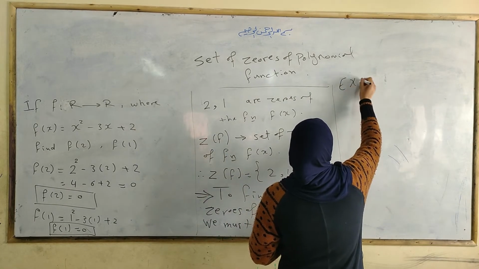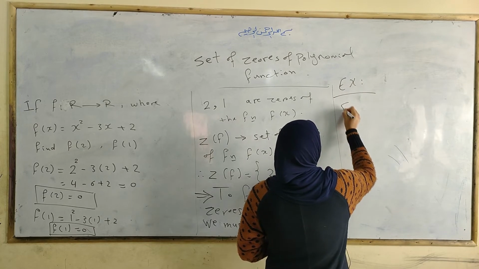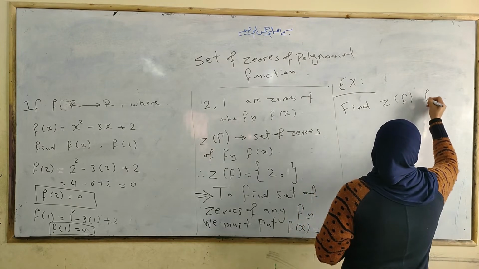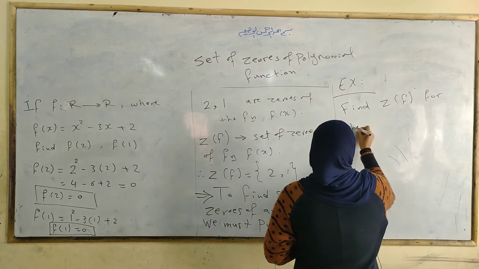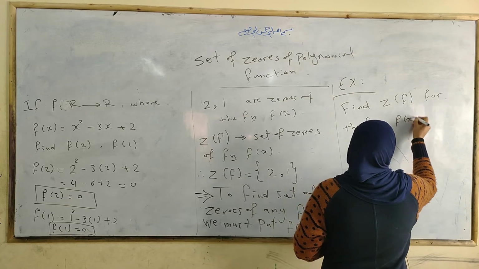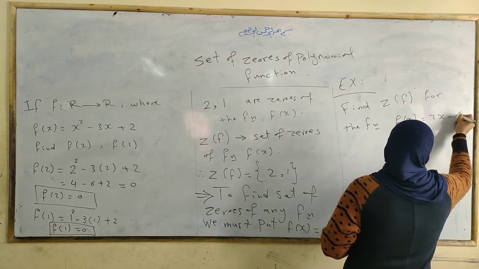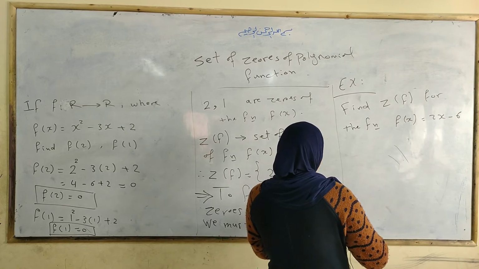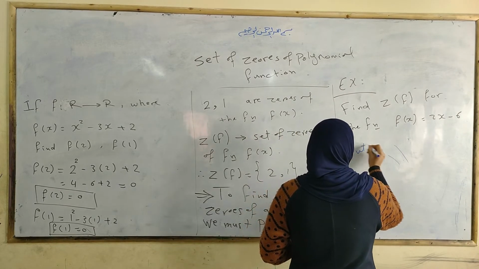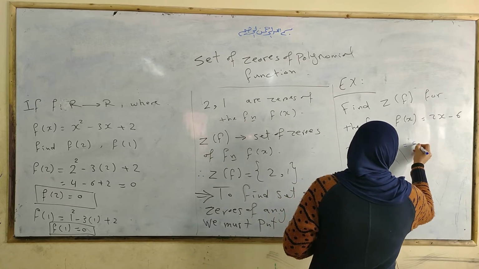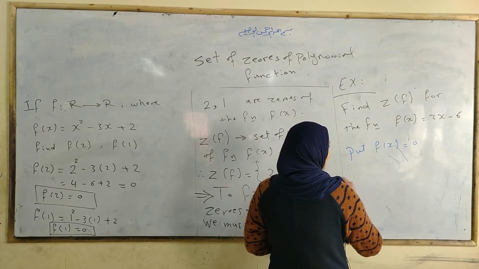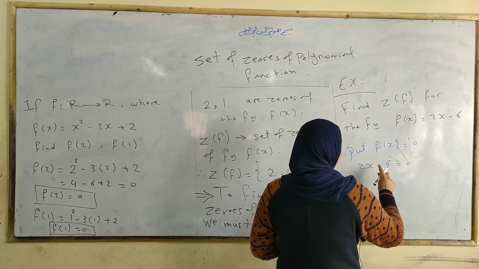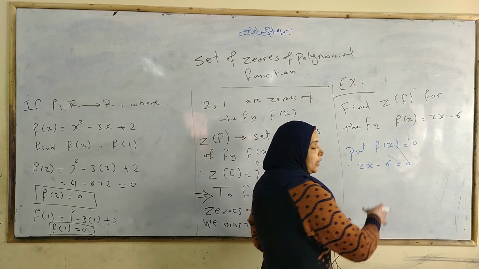For example, find Z of f for the function f of x equals 2x minus 6. We must put f of x equals 0. Therefore, 2x minus 6 equals 0. This is a first degree equation.